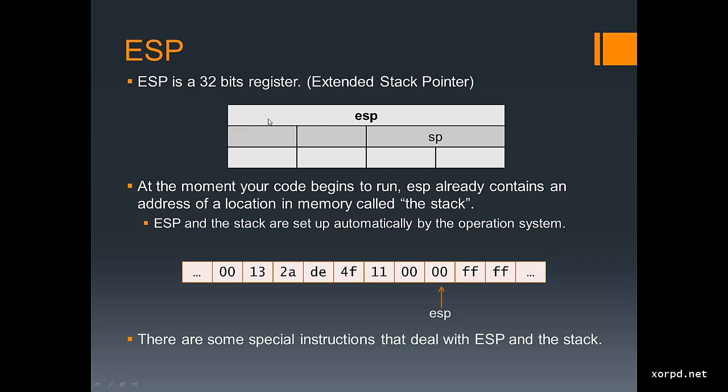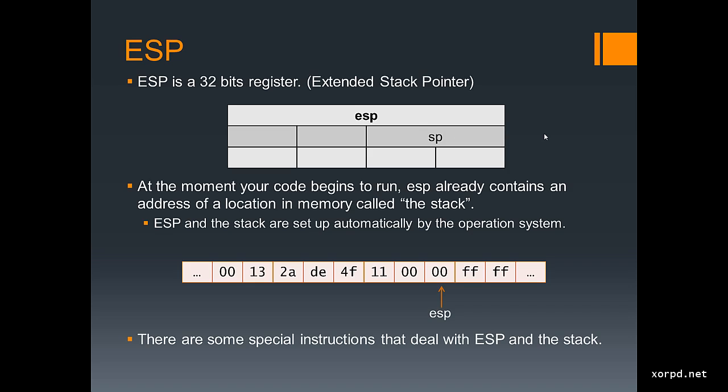It is of size 4 bytes, which are 32 bits, and its lower part, the lowest 2 bytes or 16 bits, is called SP. Originally, in the first x86 architectures, there was only the SP register. ESP came later as an extension of the SP register.